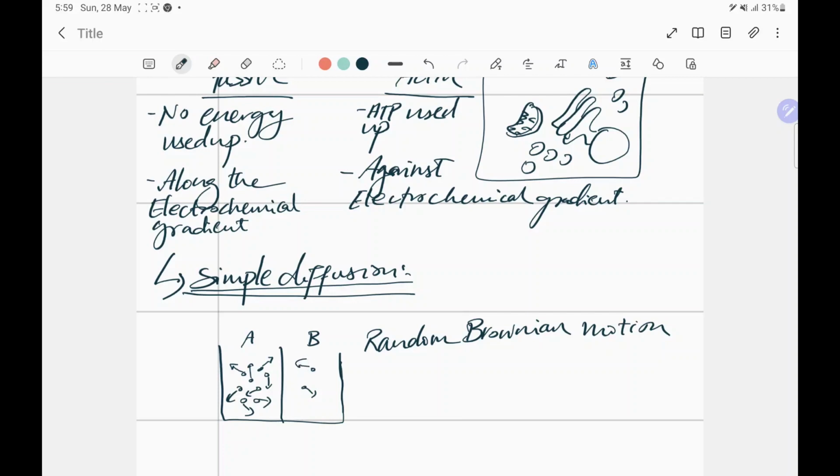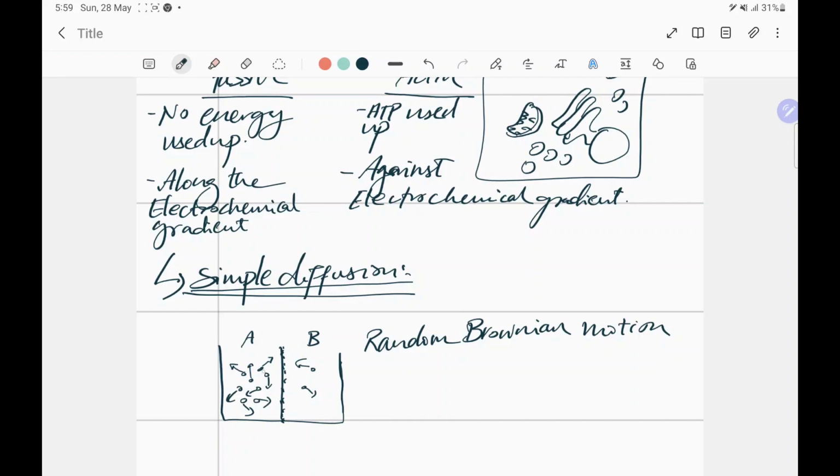Now, if we look at this, the molecules can move from compartment A towards compartment B, because this is that kind of membrane. This separating barrier between compartment A and B allows molecules to move across it, from area A to area B. So now look at this.